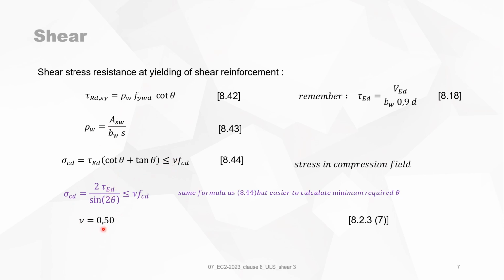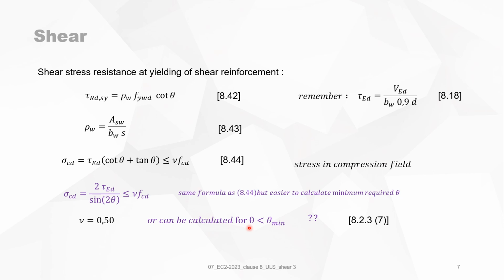Nu is equal to 0.5. And in 8.2.37, it is stated that nu can be calculated with different formulas, given in the clause that I just mentioned. But this is for theta smaller than theta min. So this I do not understand. Why is theta min defined? And later on, they say that you can have a theta which is smaller than theta min. So now what is it?